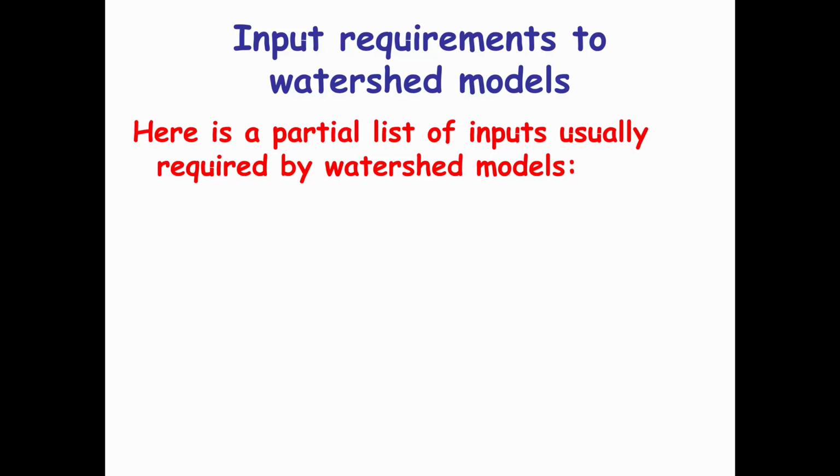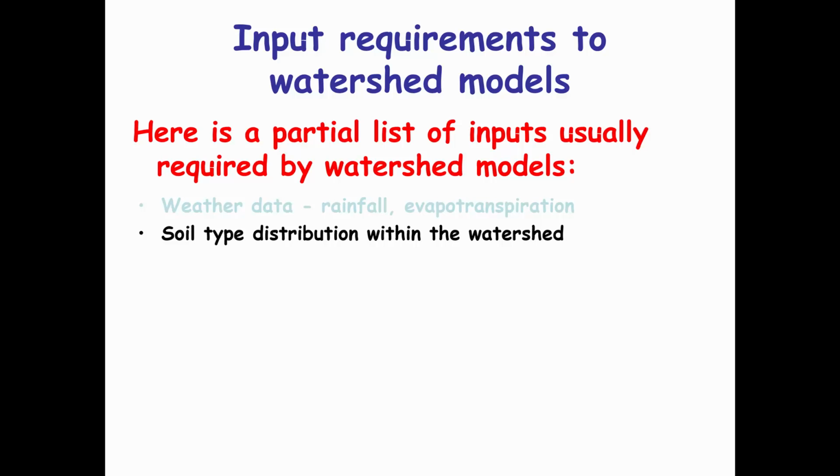Some of the parameters that are needed for watershed models are listed here, or the inputs as well as parameters. So weather data, of course, rainfall and evapotranspiration, the time scale of this, whether you want daily, monthly, annual values, depends on the character of the model. Soil type distribution within the watershed is very important.